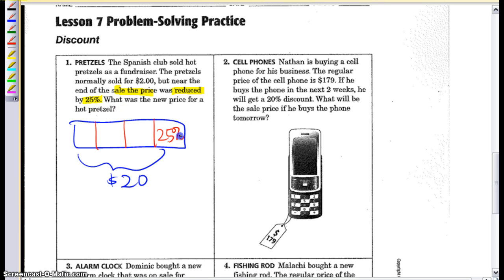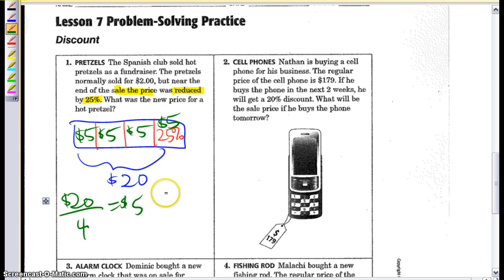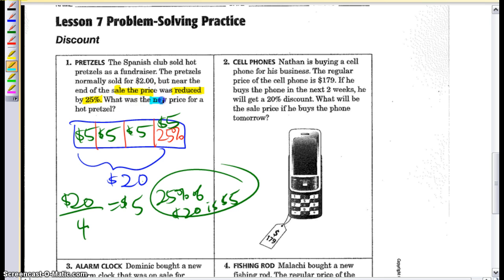Now if I divide this $20 into 4 pieces, each piece would be $5, because $20 divided by 4 equals 5. So 25% of $20 is $5. So I get to save $5. So what is my new price? Well, I'm going to take $20 minus $5 and get my new price of $15. And there's our answer.